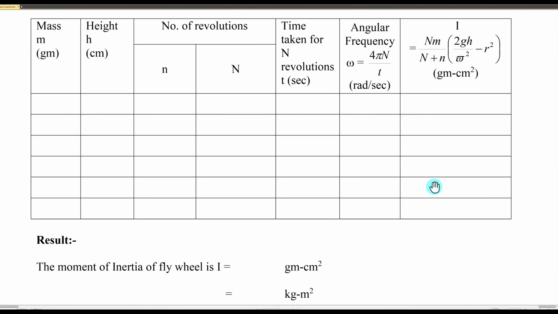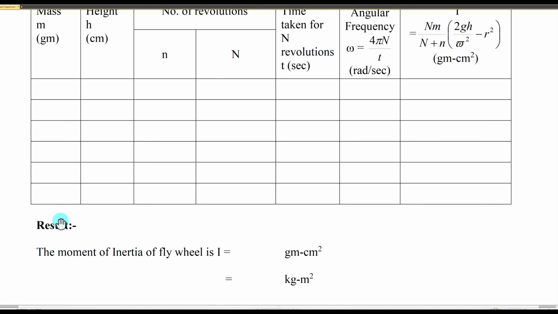It is only a matter of repeating the experiment for various masses and various heights. It is time consuming, and you have to be very attentive. You can't turn this side or that side, because the wheel is going to rotate fast, so you have to pay attention and note the number of revolutions.